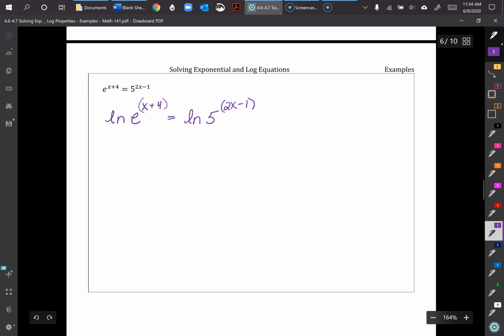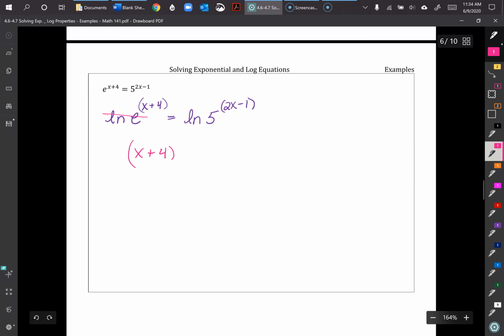This one's probably okay, but so that leaves us with x plus 4. I just kind of put a line through there. I just want to note, it's not disappearing, it's undoing. So it's the inverse that leaves us with the x plus 4. If you think back to the properties we were doing before, that is how it works.